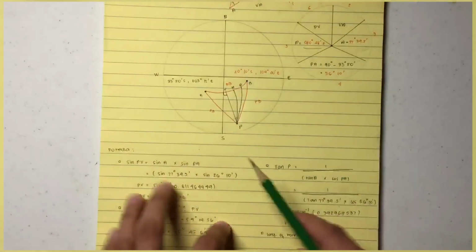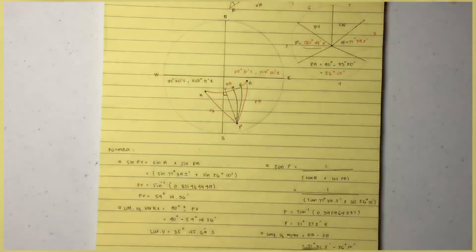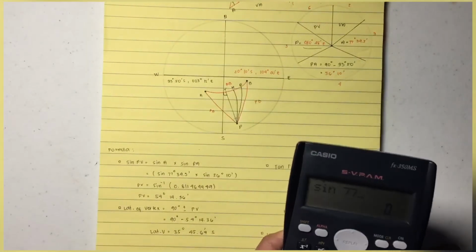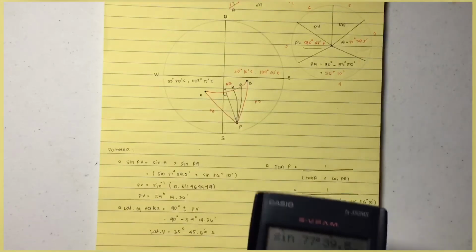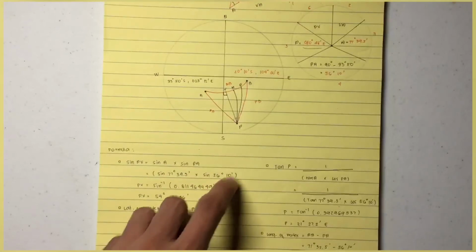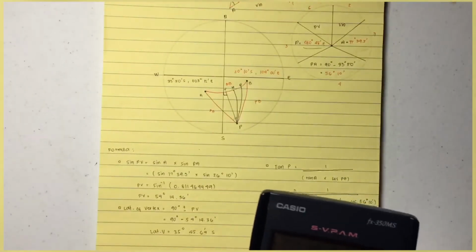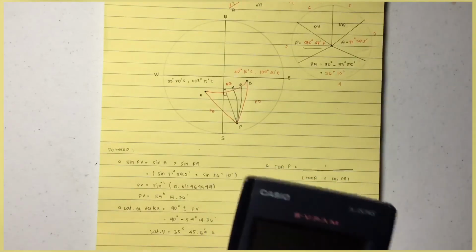So we have the value of sine A, get our calculator, sine A is equal to 77 degrees 39.5 minutes multiplied by sine PA, which is the value of 56 degrees 10 minutes.